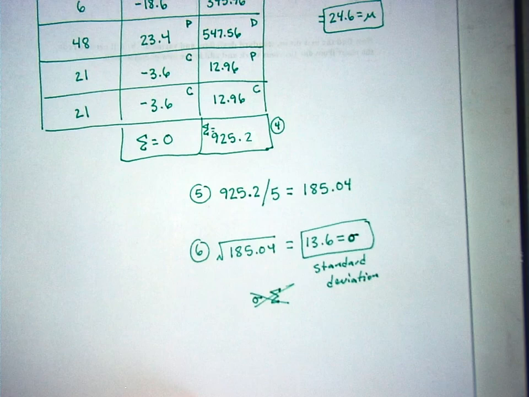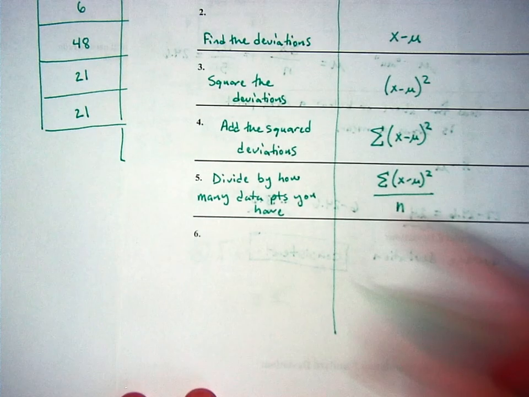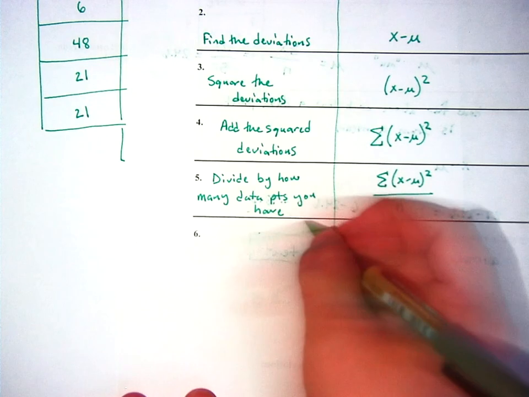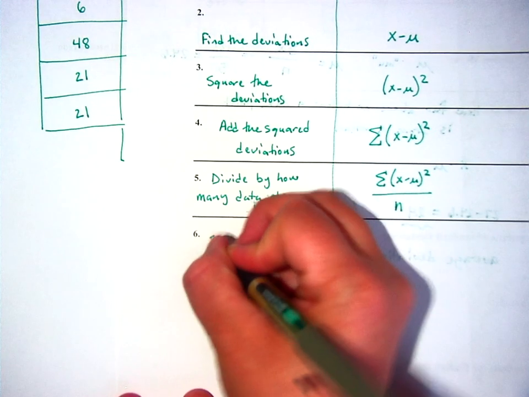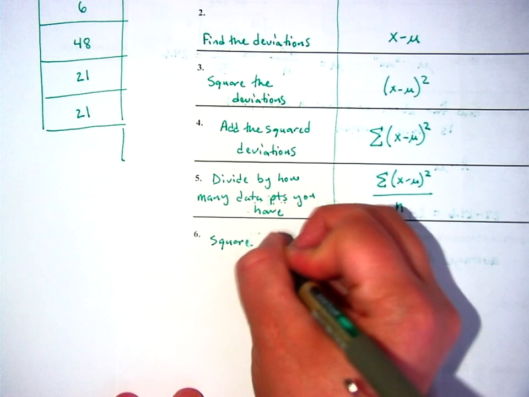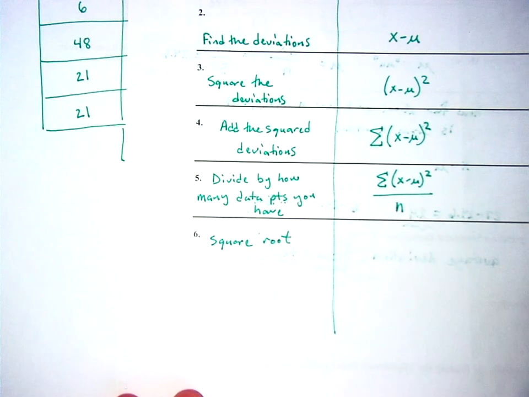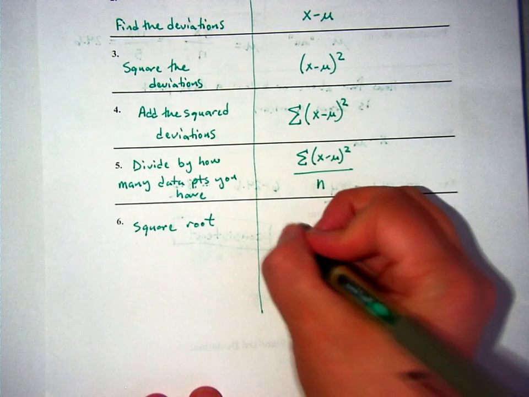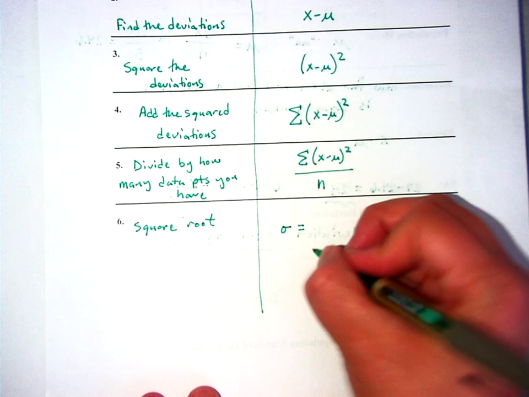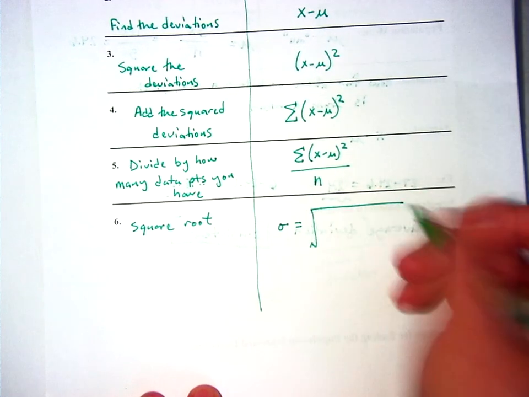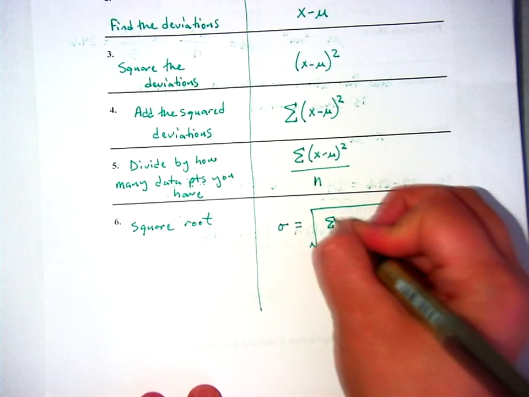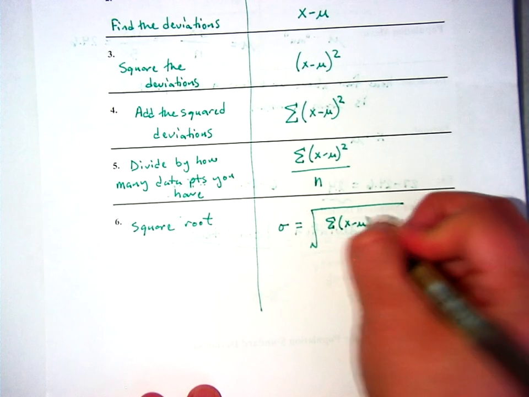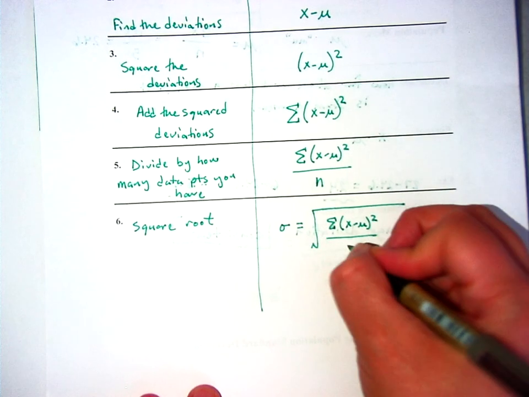So over here on the other side, I'm going to write, divide by how many data points you have. Last step is to take the square root. And then the final formula for standard deviation is the square root of the summation of all the deviations squared divided by n.